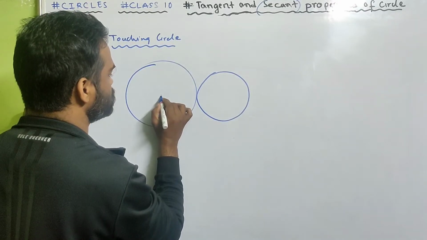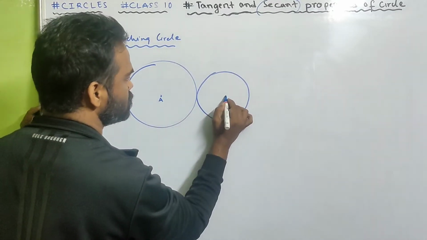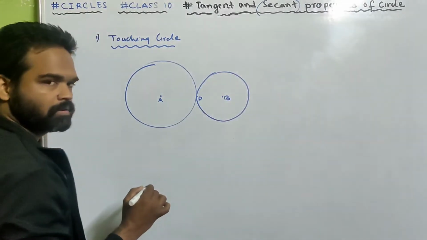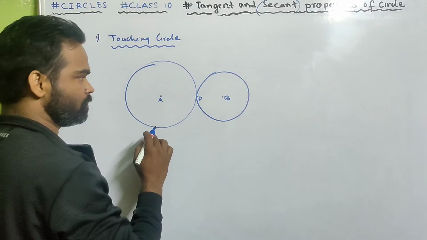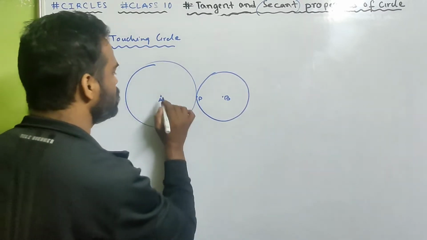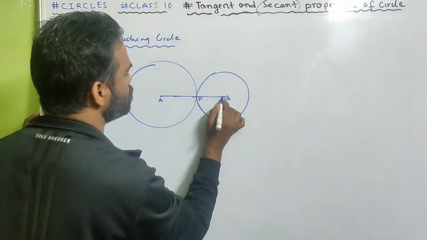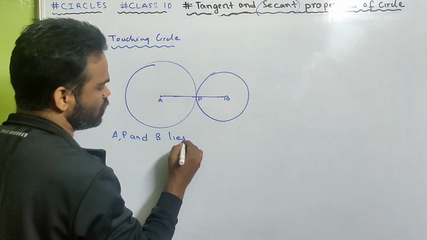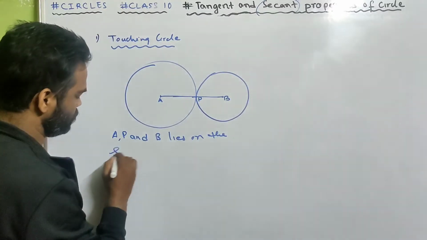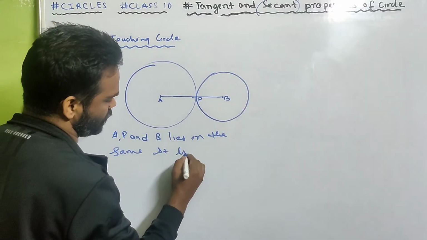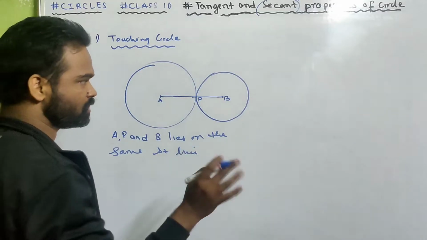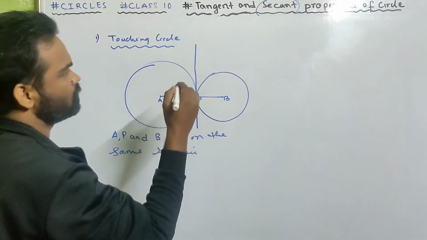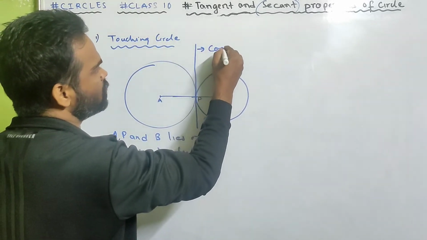Suppose the center of this circle is A, this circle, the center is B, this is the point P, which is the point of contact. Okay, they touch each other at P. Then remember one thing, this A, P and B lies on the same straight line. I'll prove this. And you will have one common tangent. This is the common tangent.